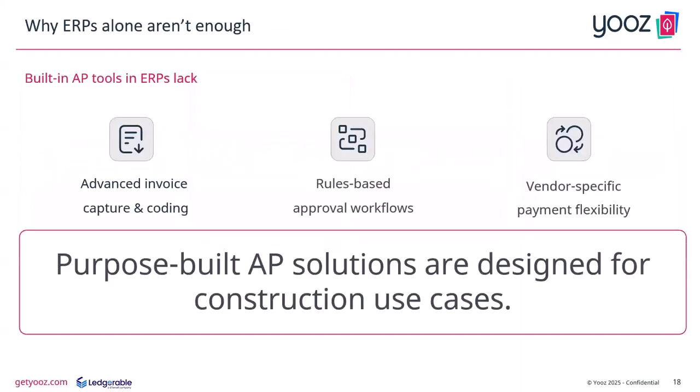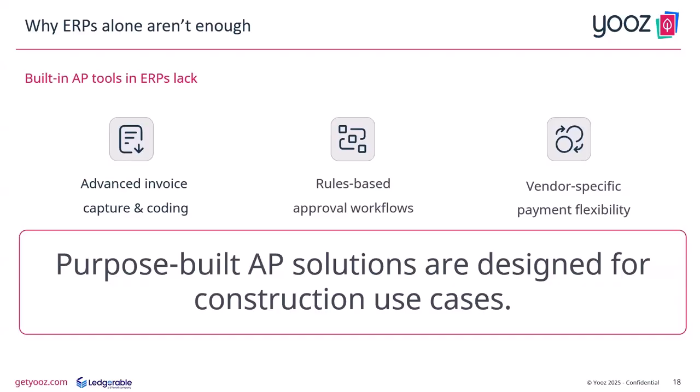So ERPs, they're powerful, but they're not designed specifically for AP and construction. Relying on them isn't going to be enough. The reality is they just weren't built for AP. They often lack intelligent capture, flexible workflows, and specialized payment options.